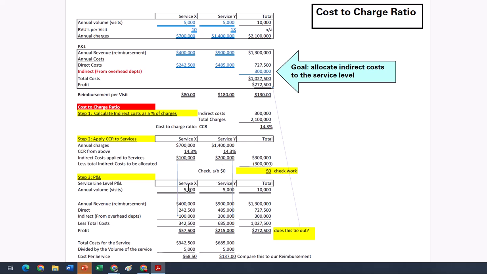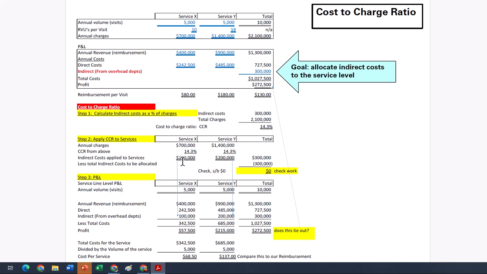So we have service X at 5,000 and service Y at 5,000 to make it simple. We have our reimbursement, 400 and 900,000, given by the problem. Our direct costs from the cost accounting system were 242 and 485.